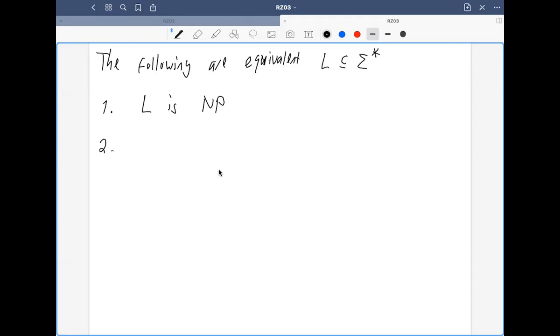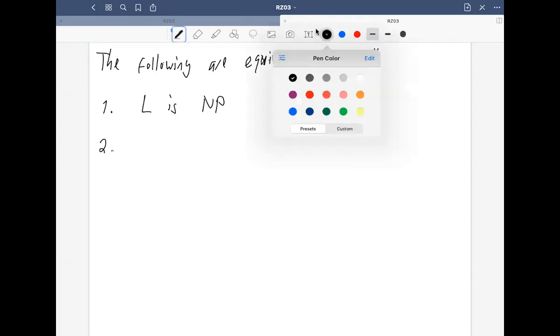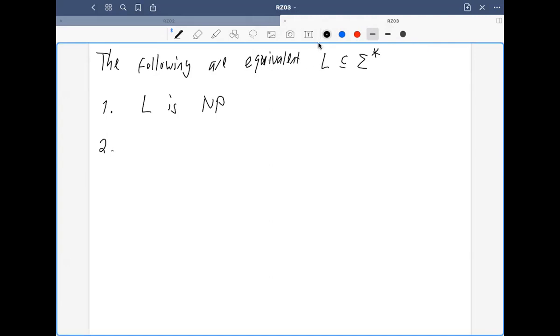So how could we say that? Well, we need to be given some certificate that the problem is in our class. A certificate will be something that's not too large, so that we can in polynomial time verify that it's true.